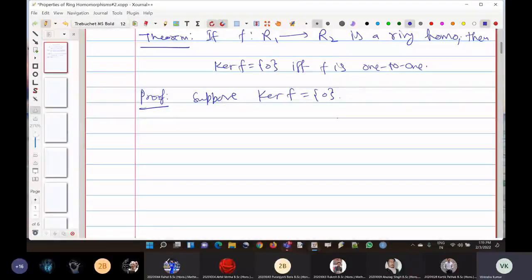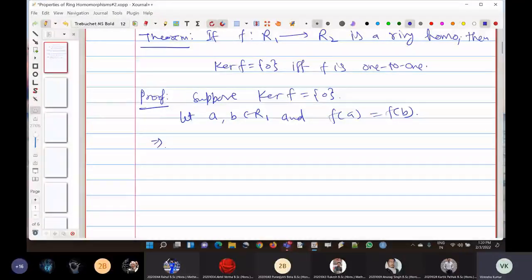To prove that f is 1-1, we need to prove that if images are the same for two elements, then those elements are also the same. So let us consider a and b belonging to R1, with f(a) equals f(b). Then we need to prove that a equals b.